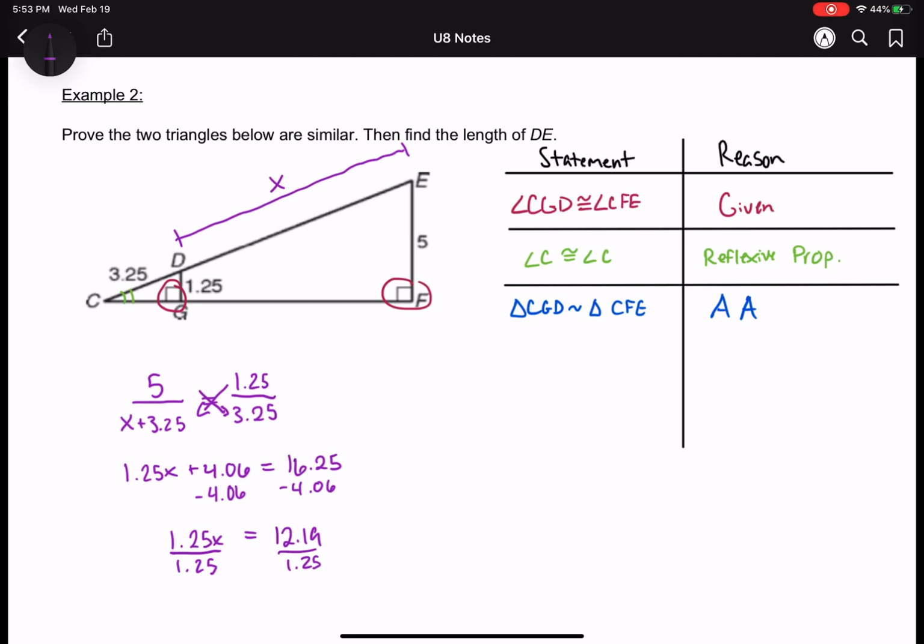And that gives me that X is about equal to 9.752. I'm going to stick with rounding to 2 decimal points, so when I write my final answer of DE, I'm going to say that DE is about equal to 9.75.